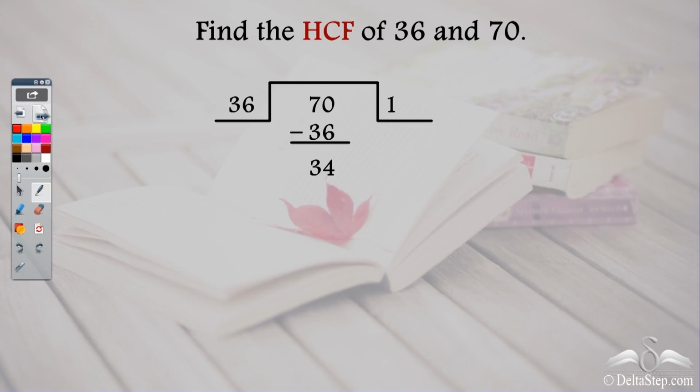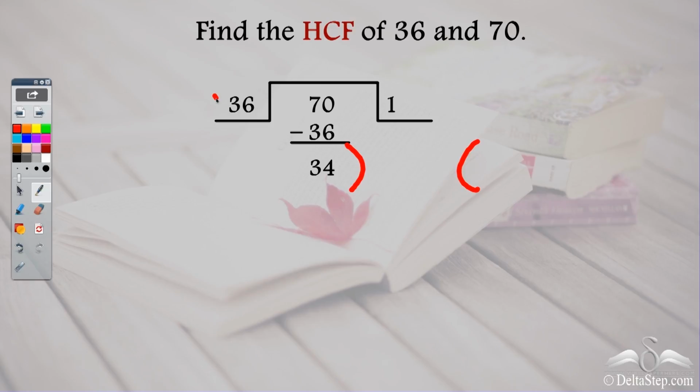Now what do we need to do? I have got a remainder 34. So in long division method, I need to divide further. But what do I divide with what? So this remainder, which is 34, now becomes the divisor. But what will be the dividend?